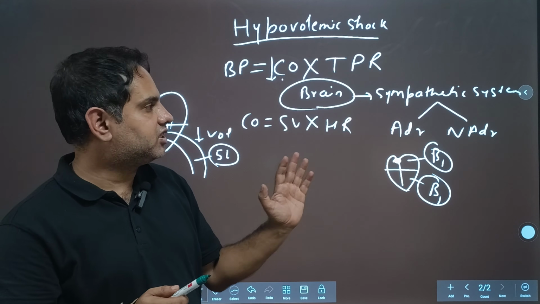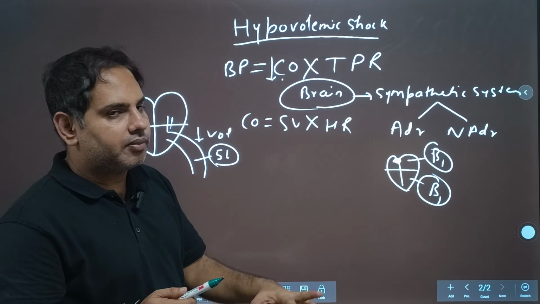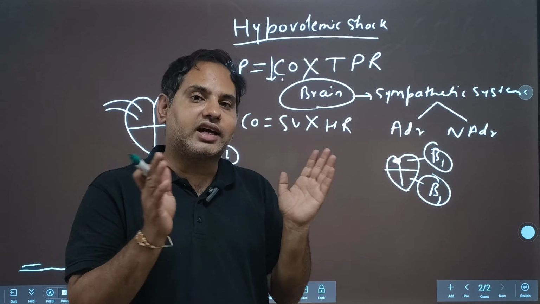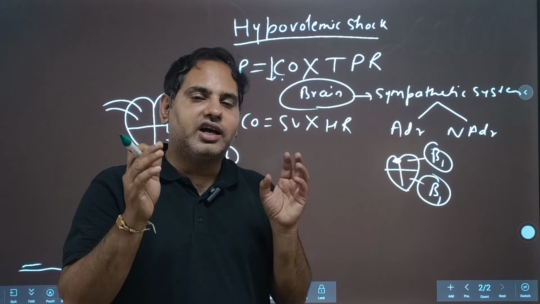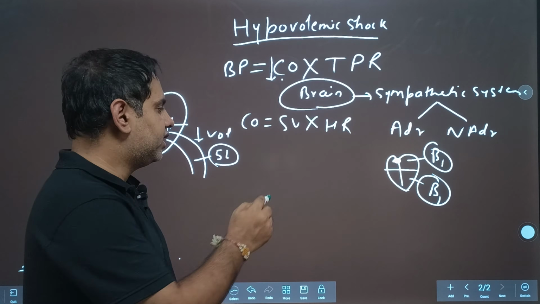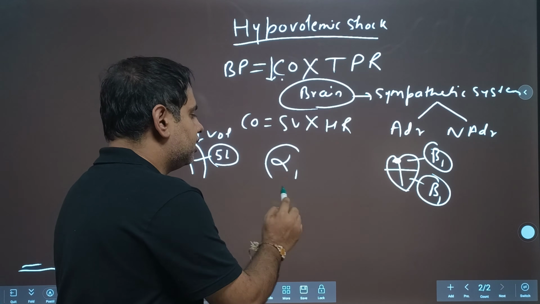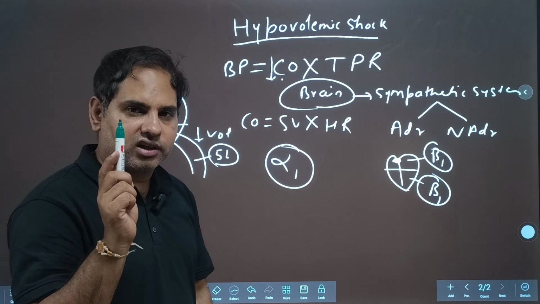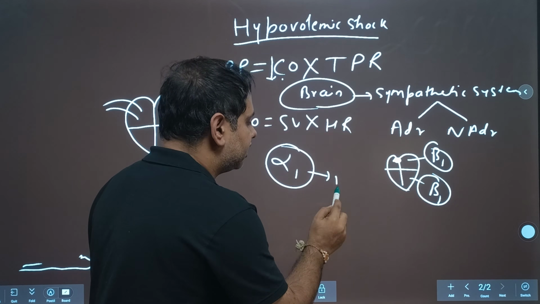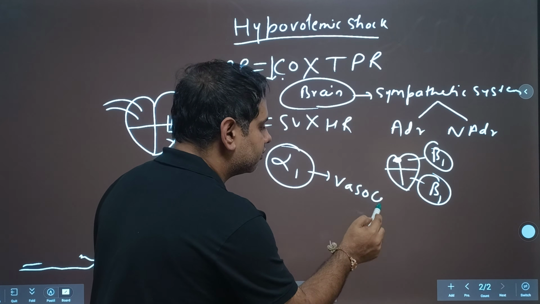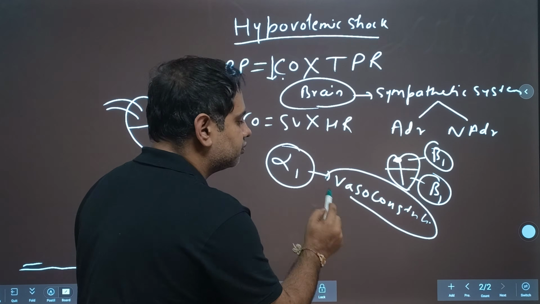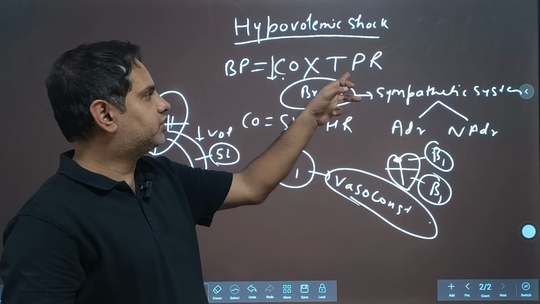Another mechanism by which your body will maintain the blood pressure is, because as I said, adrenaline and noradrenaline are non-selective in nature. Non-selective means they will act on alpha as well as beta receptors. So if they act on alpha receptors, particularly alpha 1 receptors, which are present on small blood vessels, it results in vasoconstriction. So alpha 1 stimulation will result in vasoconstriction, and vasoconstriction is going to increase which part?